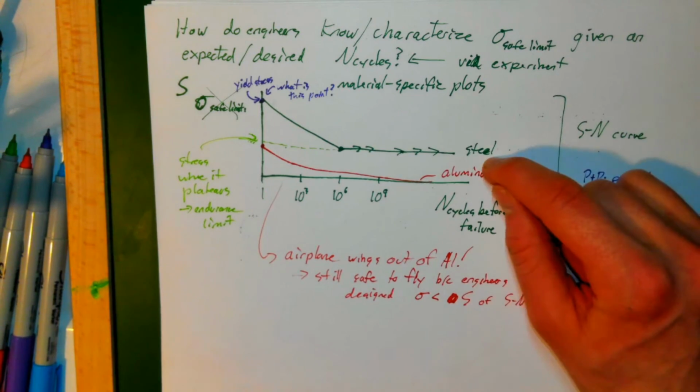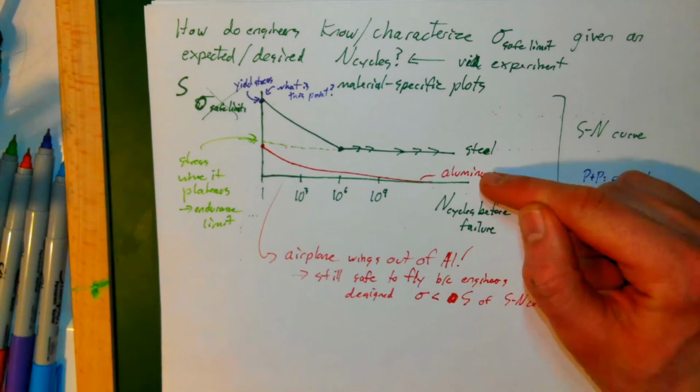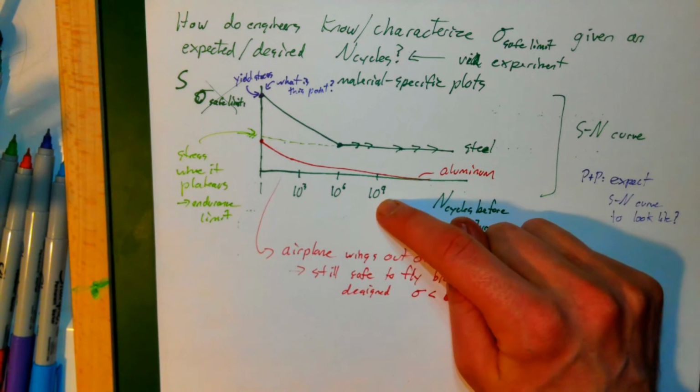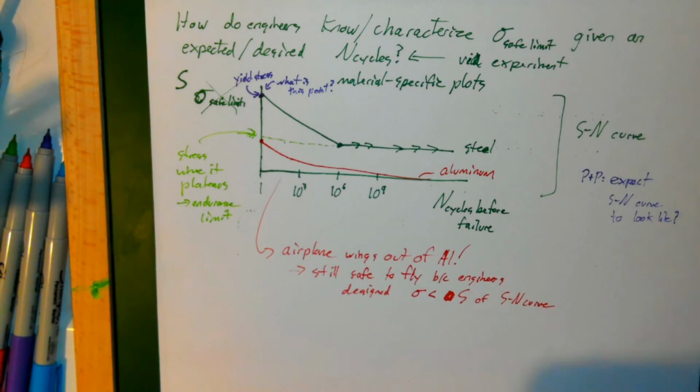But for some applications, where maybe weight is a little bit less important and the number of cycles are a lot higher, maybe even more than 1 billion, steel might be the best choice there.